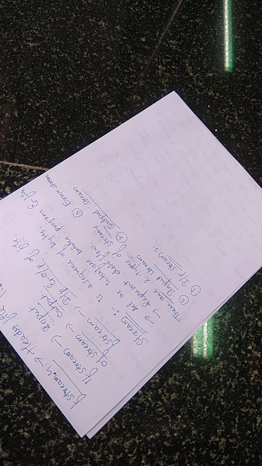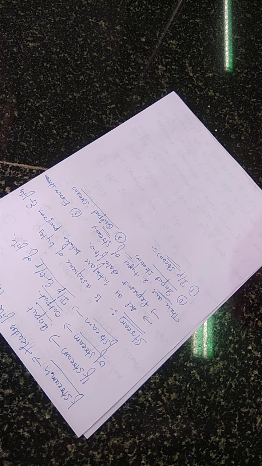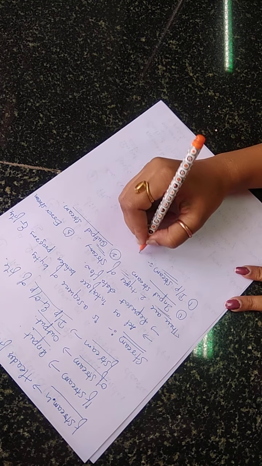So what happens here is, it reads the data from the file and transfers it to the program. The data is there in your files, and from file to the program it is transferred. That operation is called as your input stream. Take down the meaning.